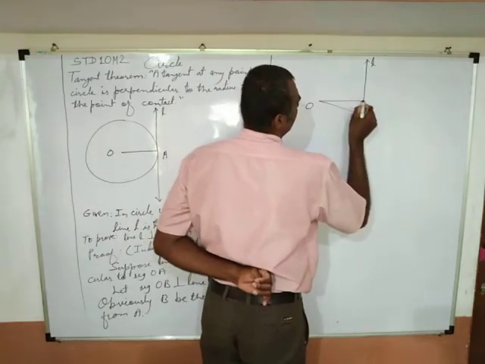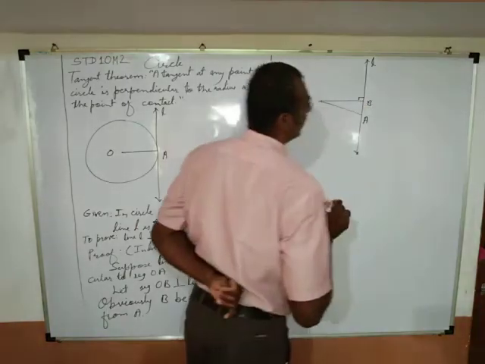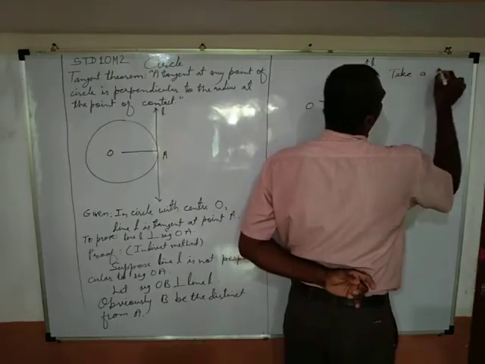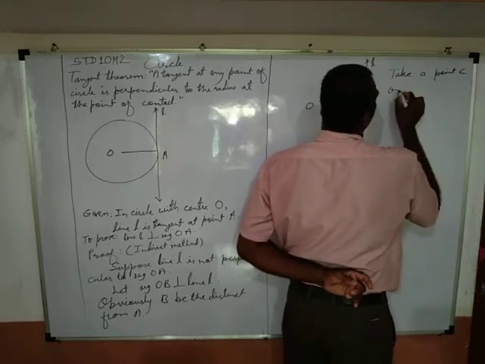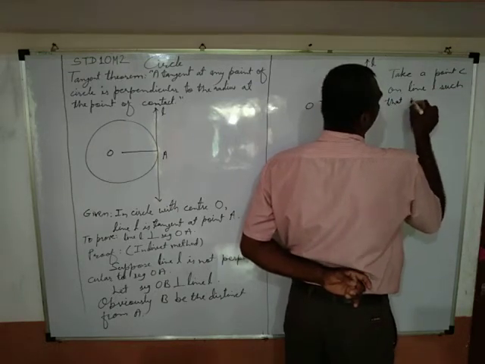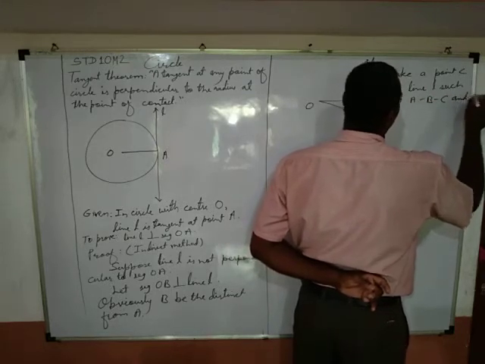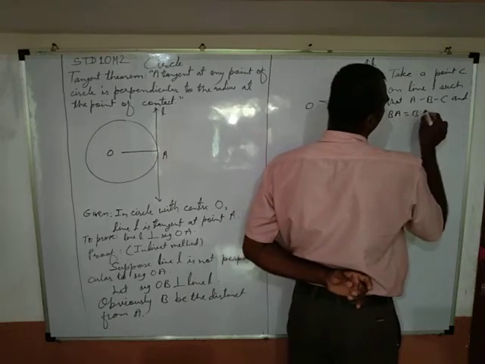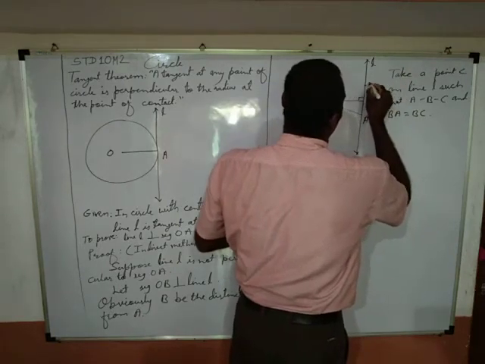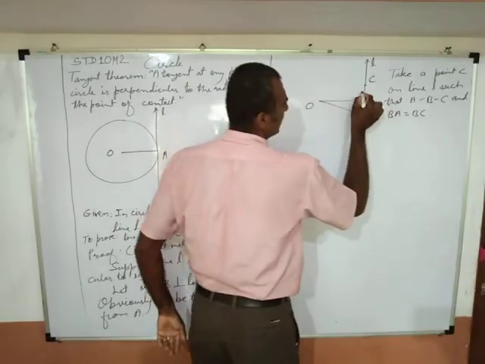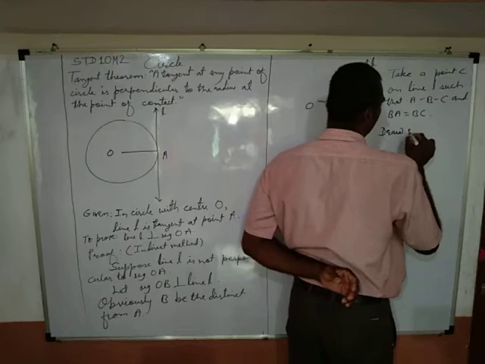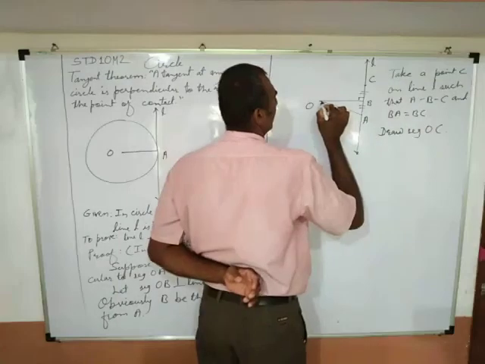That's why seg OB is perpendicular to line L. Let us suppose we take a point C on line L such that A-B-C and BA equals BC. Draw seg OC. Okay.